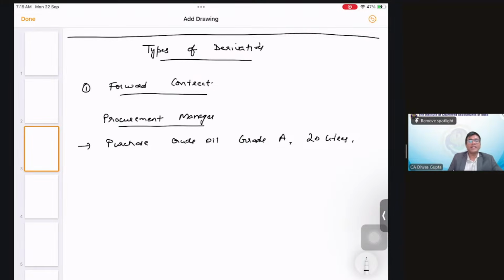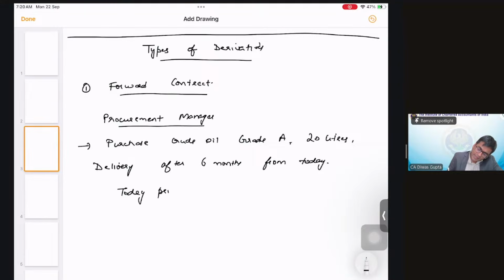But the condition is that it does not need to be purchased today. It needs to be purchased 6 months from now. So the delivery after 6 months from today. Today's price is, let's say, rupees 100.